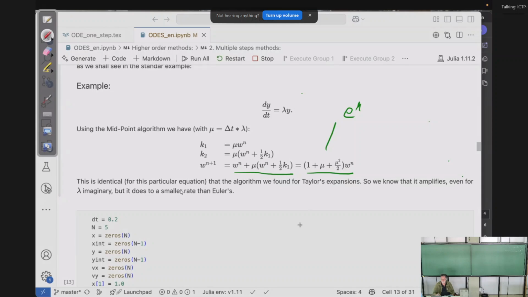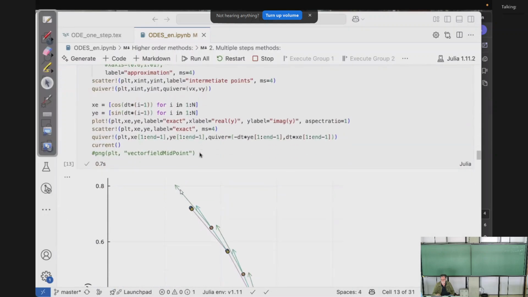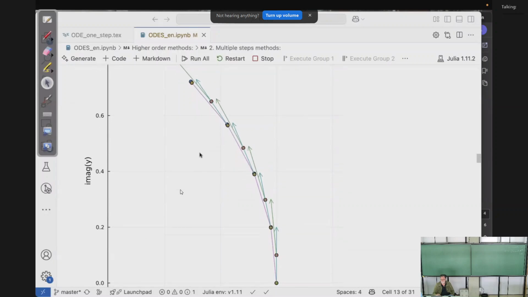So I think here we computed this algorithm, and you see these are the points, these are the vectors, and from here you have this vector.